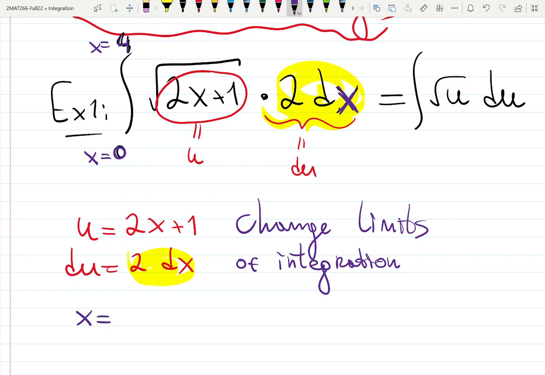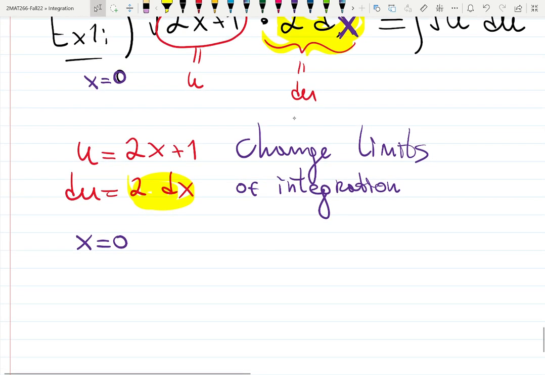So when x is 0, let's put a bar. I like the bar better because it's shorter. u is 2x plus 1. So x is 0, times 2 is 0, plus 1 gives you 1.